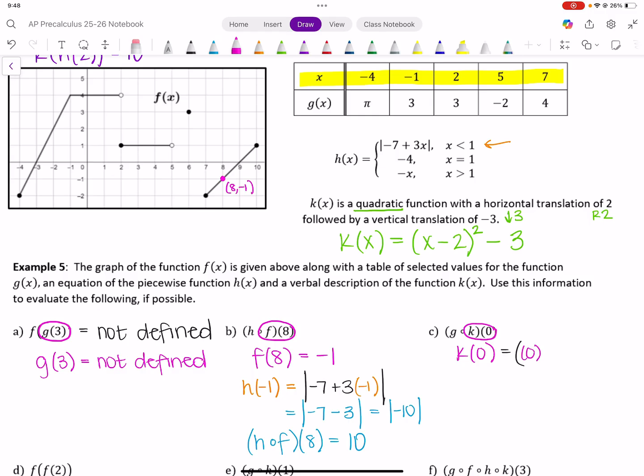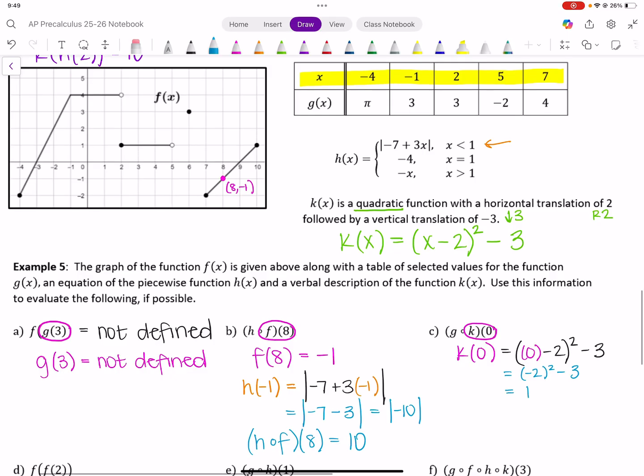We have 0 minus 2 squared minus 3. So 0 minus 2 would be -2 squared minus 3. -2 squared is 4. Minus 3 gives us 1.